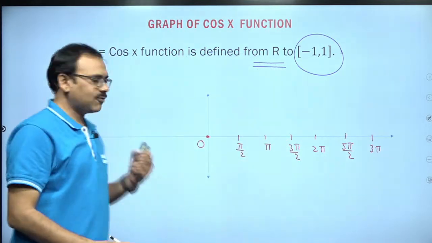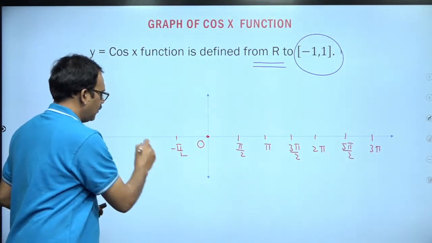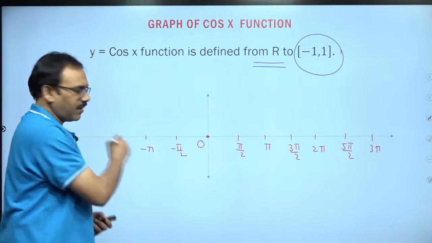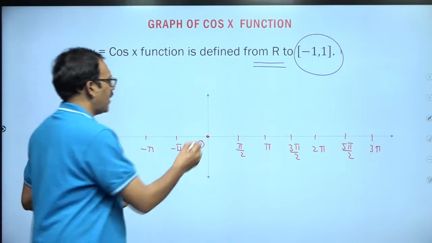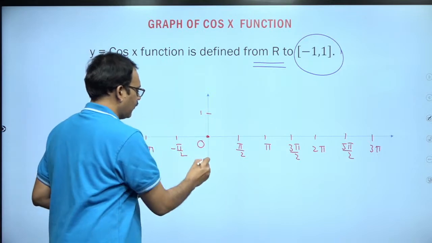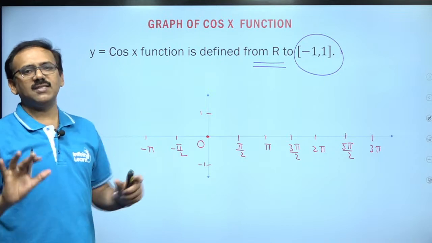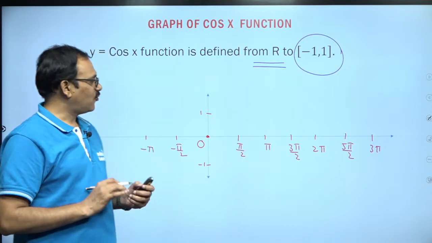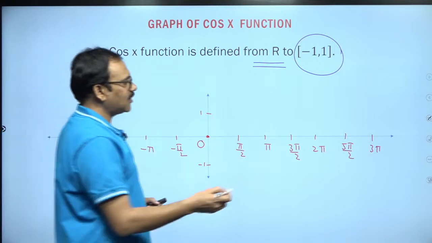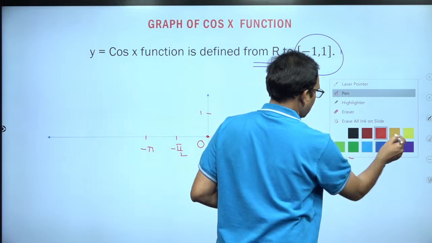Even to the left of the origin, you can take minus pi by 2, minus pi, minus 3 pi by 2 like this. Even on the y axis you take the numbers 1 and minus 1. You see, plotting is just the same as the sin x curve. Now you try to draw the graph. Fine, okay. So to draw the graph, dear students, let me take this color.